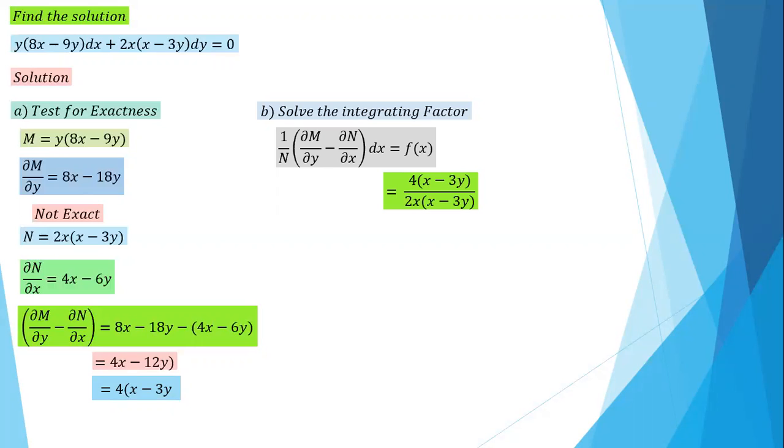Here we can cancel x minus 3y. So what is left is 4 over 2x, or 2 over x.